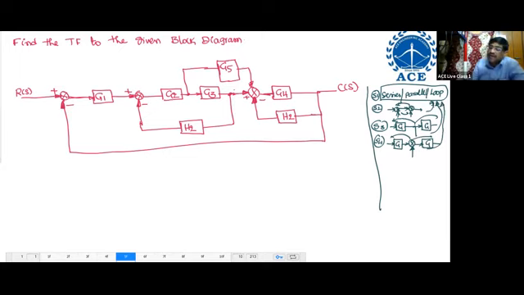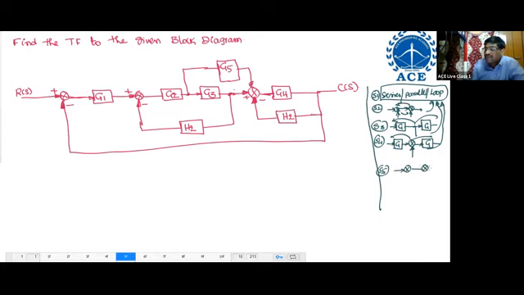The priority order is: first priority, summing points; second priority, block gain with take-off; third priority, block gain with summing. The last priority in the shifting operation is interchanging summing and take-off points.